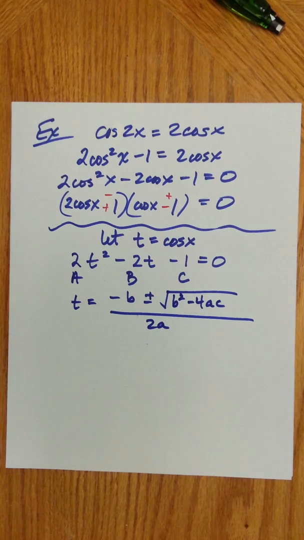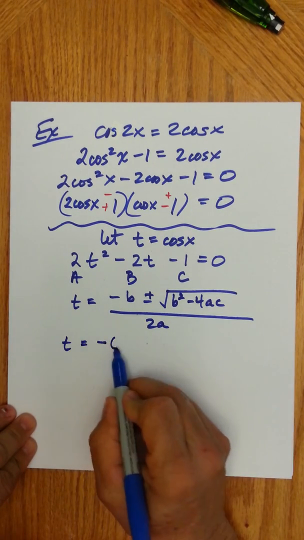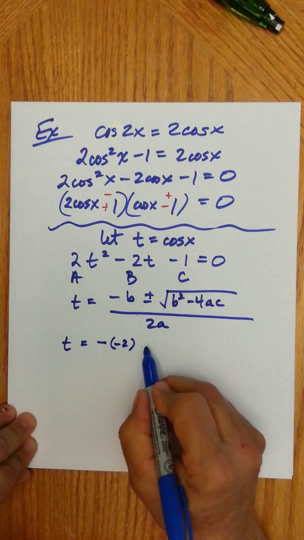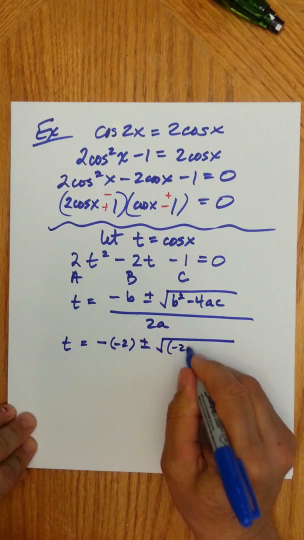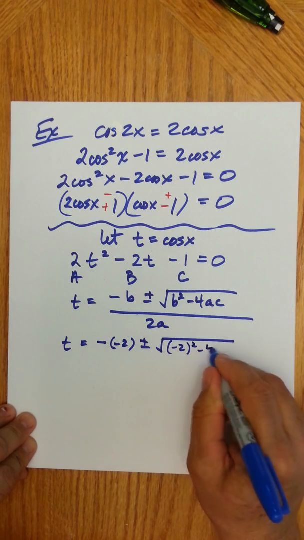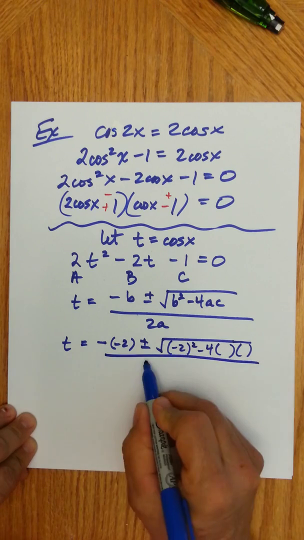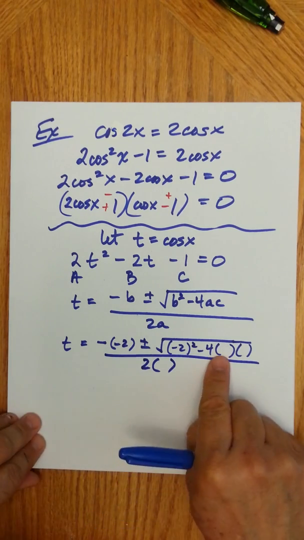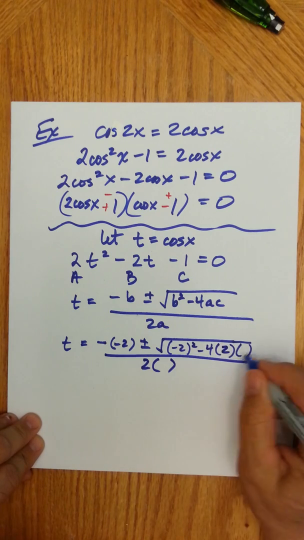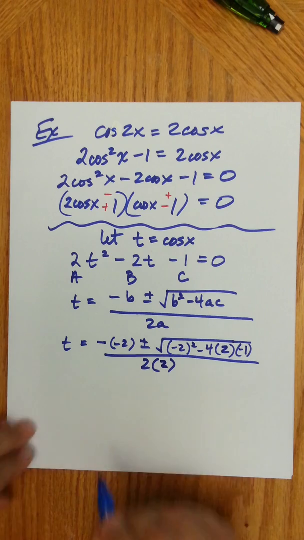So now, plugging in, I would have t equals negative of a negative 2 plus or minus square root of, now the b squared would be the negative 2 squared, minus 4, and I already go ahead and give myself parentheses so that I make fewer mistakes. So a is 2, c is negative 1, and here a is 2 again.